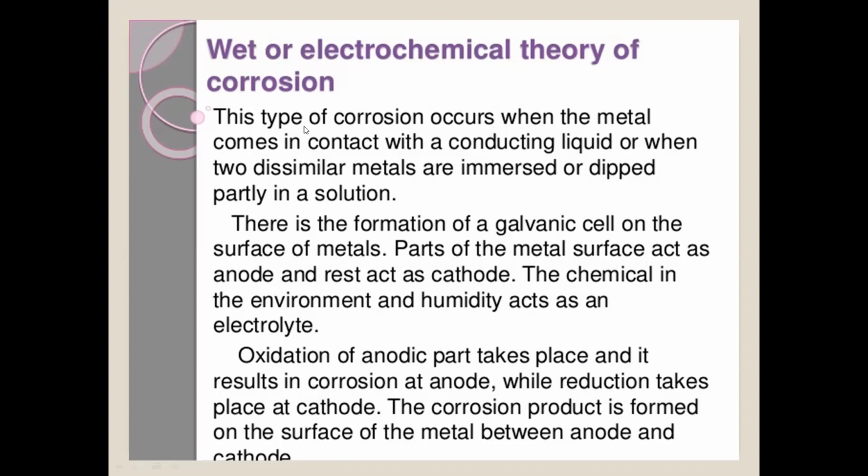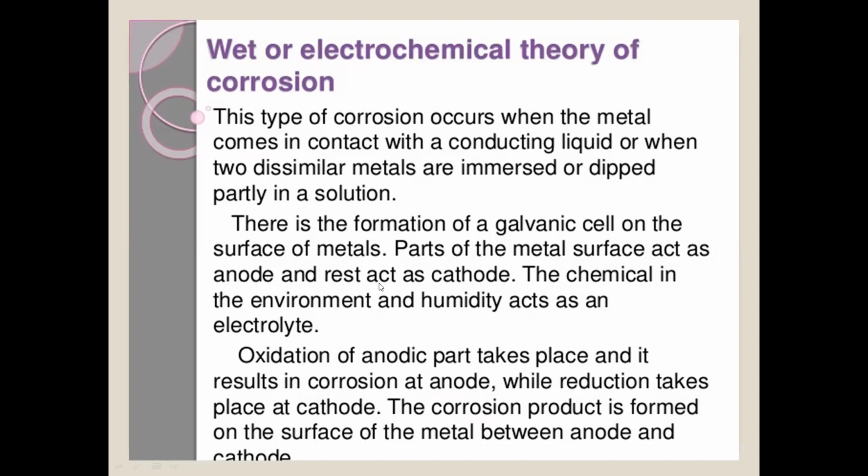Now there is the formation of a galvanic cell on the surface of the metal. Parts of the metal surface act as anode and the rest act as cathode.